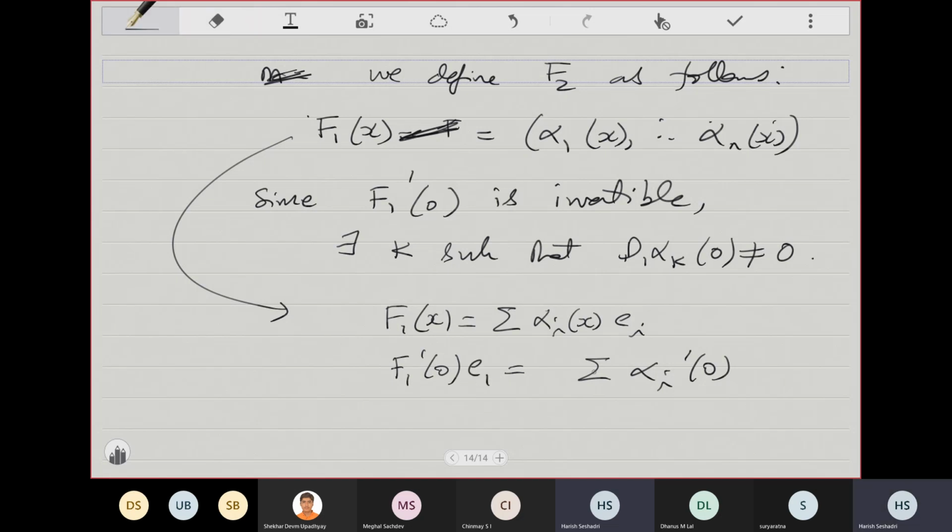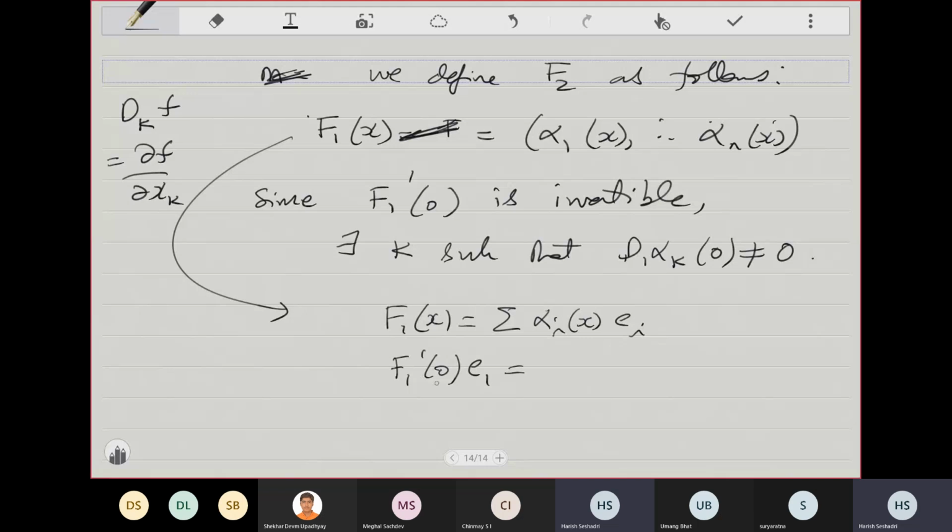So what's D1 again? This is just the notation for partial derivatives. D_k f is del f by del x_k.